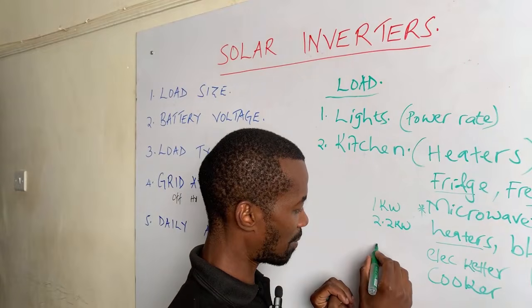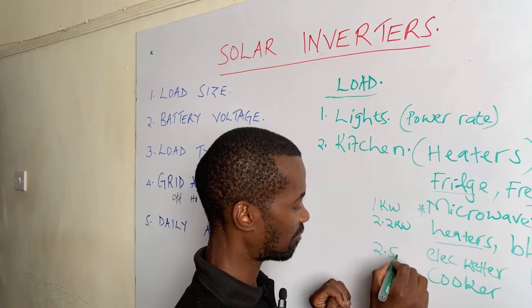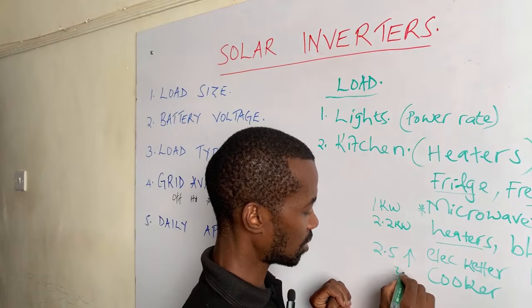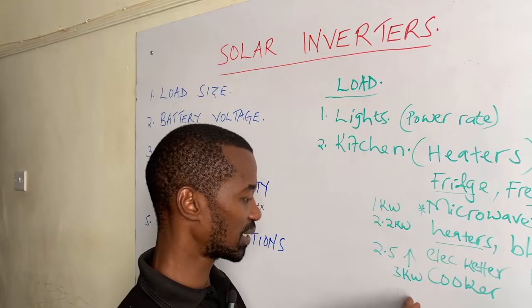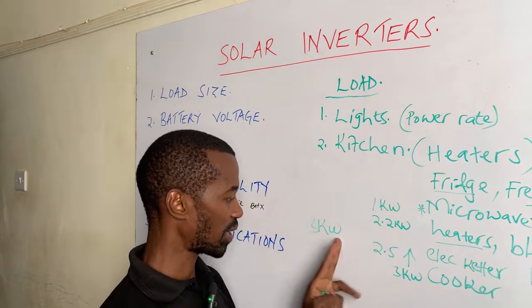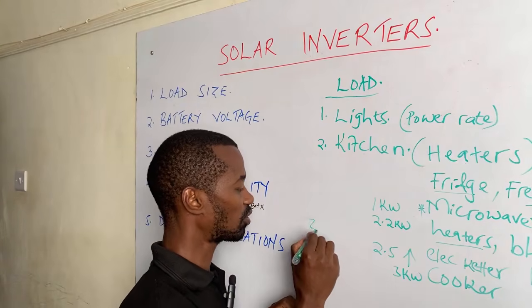You find that some will consume 2.5, others can go all the way up to almost 3 kilowatt. So this tells you that having a 3 kVA system in that home will not function.